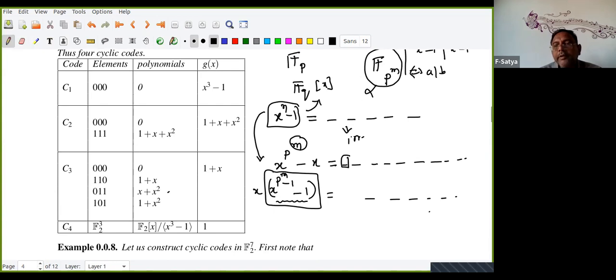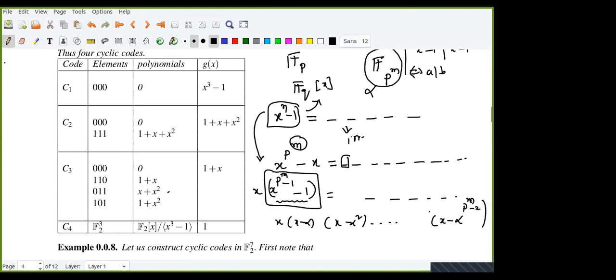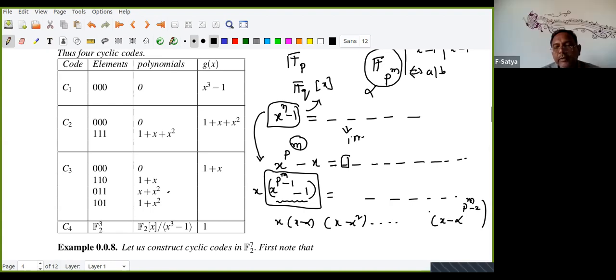In this bigger field, this completely splits: x times (x minus alpha) times (x minus alpha squared) and so on, up to alpha^{p^m - 2}. Am I correct? Yes, sir. Minus 2, and x minus 1 also is there, x minus alpha^0 also will come. Yeah, this is the thing.